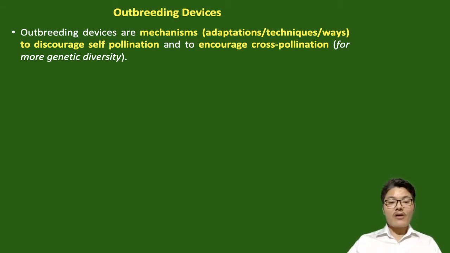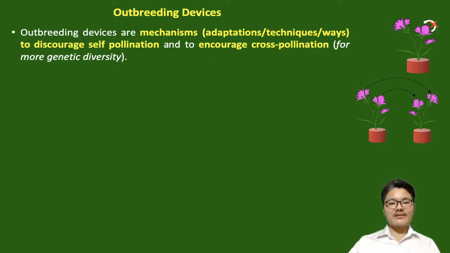So outbreeding devices are mechanisms which prevent self-pollination and help in encouraging cross-pollination.